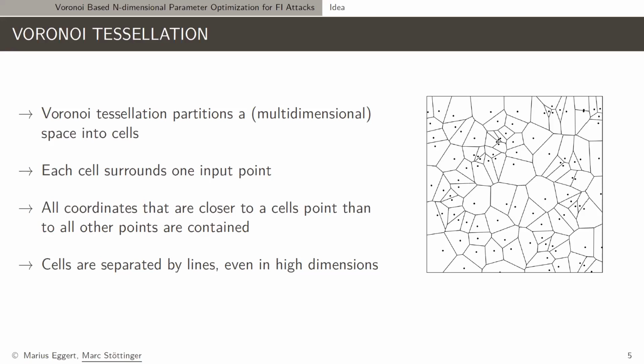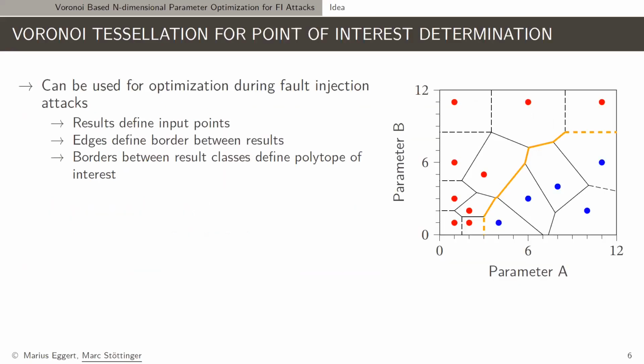With this approach of using Voronoi tessellation, you can search independently in the multidimensional space, because you do the partitioning between each dimension for an optimal lookup space. And how to transfer this to fault injection, we'll give you an example.